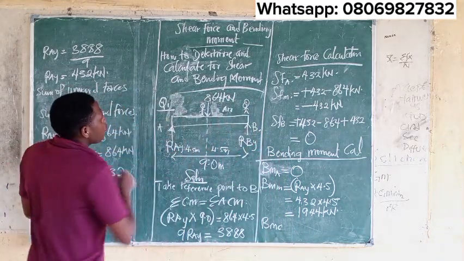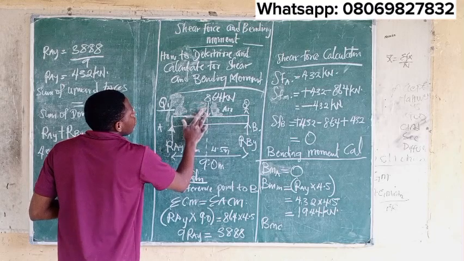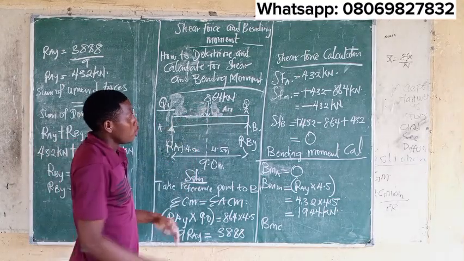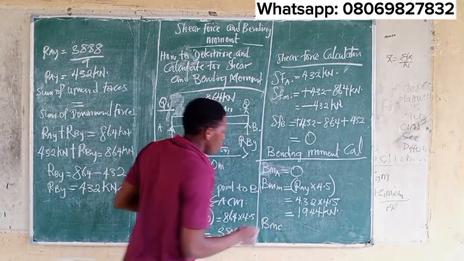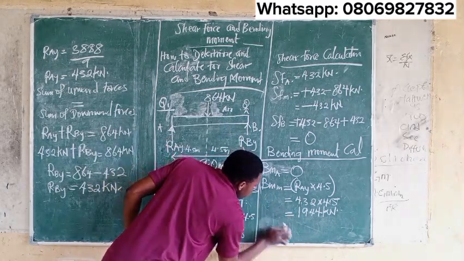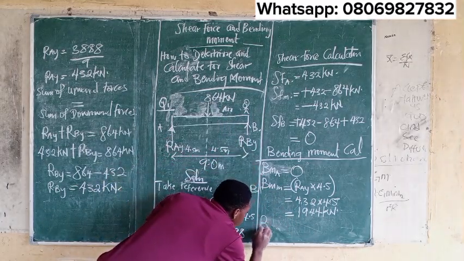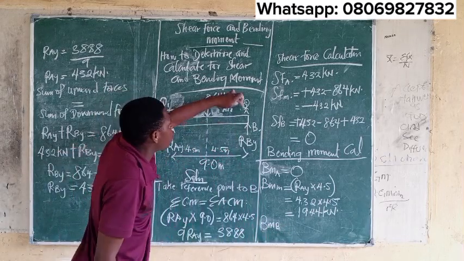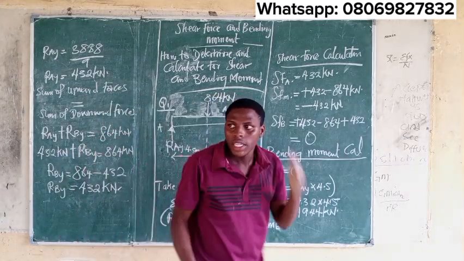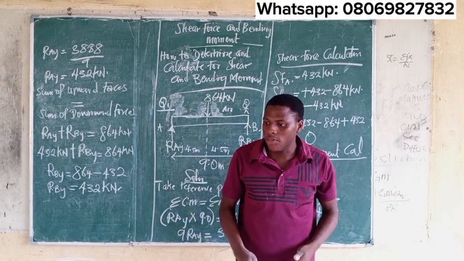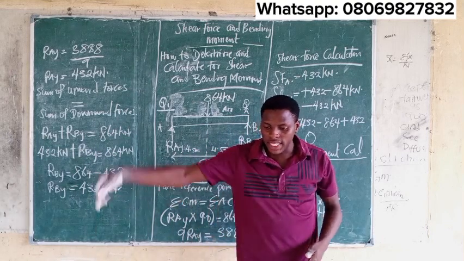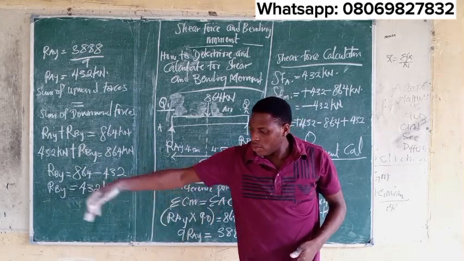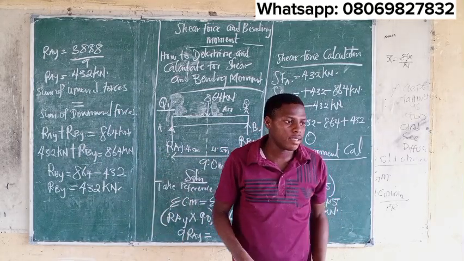Now let's get the bending moment at point C. You are not at this point anymore. You are at point C now. The next one is bending moment at point B. Now you are standing at B. What is the force you are seeing on this side, and what is the distance that force is taking to get to where you are standing?